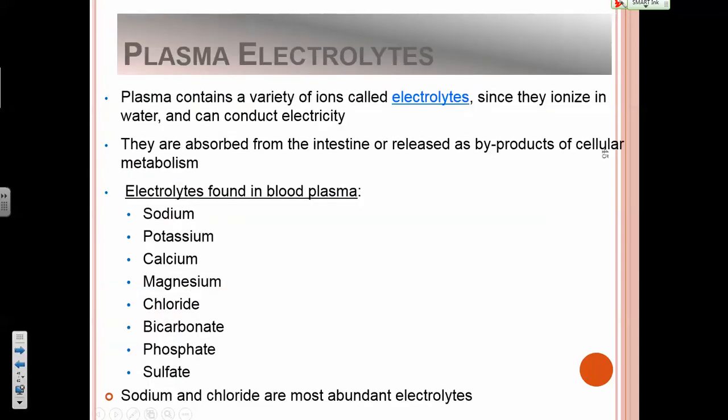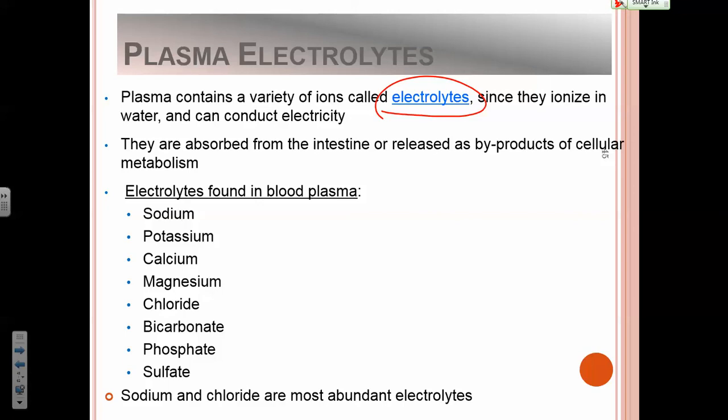All right, and then lots of electrolytes. Those electrolytes are just ions, right? You do not have to list these for me. Just know there are electrolytes and they're ions. But here you can see examples: sodium, potassium, calcium, magnesium. If you have elevated amounts of these, your kidneys will remove them.